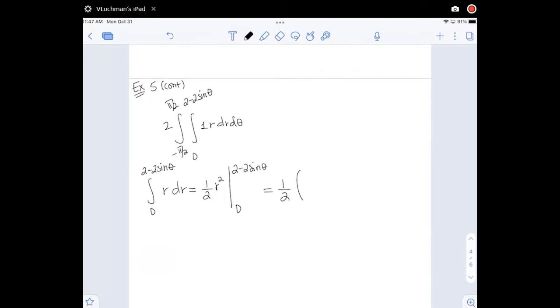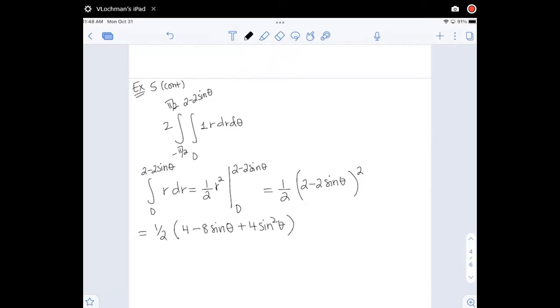At 0, what do we get? Everything vanishes, right? So we just need to evaluate this expression squared. All right, let's see, what do we get? This is going to be 1/2 times, and what do we get here? 4 minus 8 sine theta, the middle term being double the product, and then plus 4 sine squared theta.